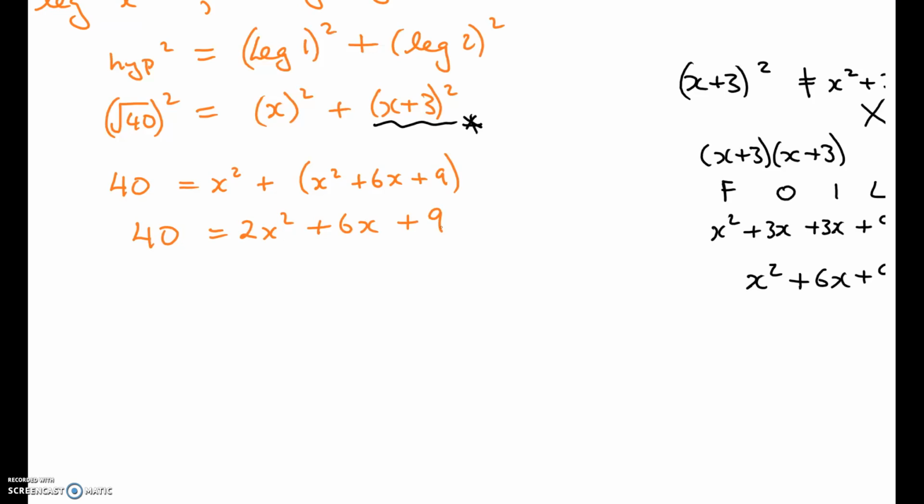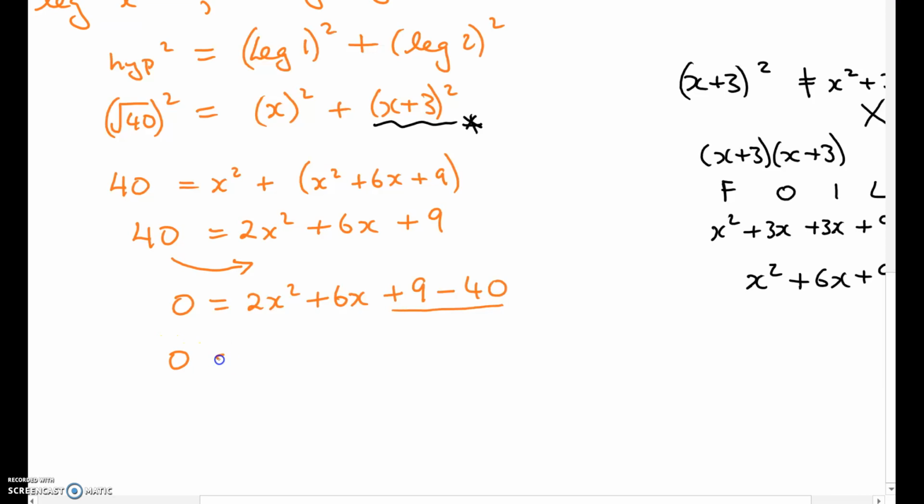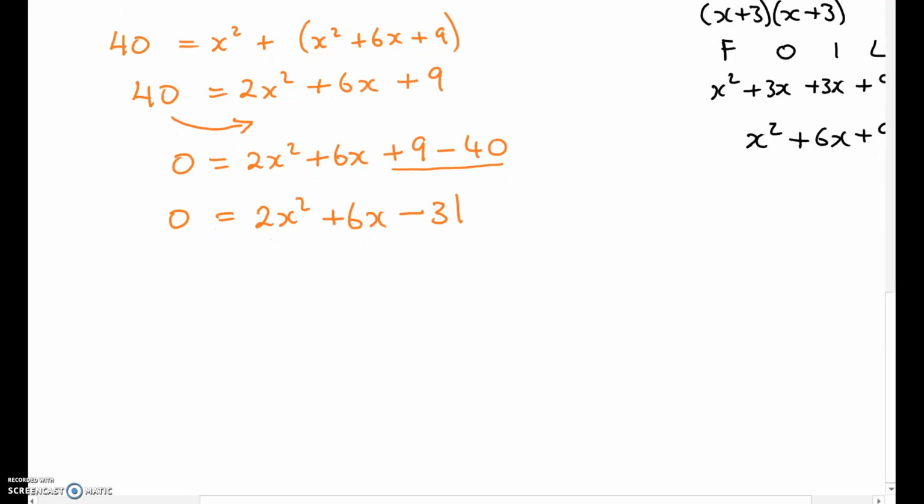So what we're going to have to do here is move that 40 across. And we'll have 0 is equal to 2x squared plus 6x plus 9 minus 40. And tidy these two up. 0 is equal to 2x squared plus 6x minus 31.